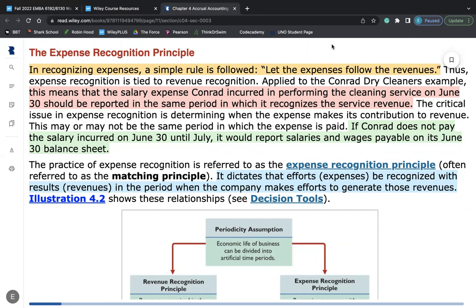Let's see which example they have. If Conrad does not pay the salary it incurs on June 30th until July, it will report, like I said, a liability called salaries and wages payable on its June 30th balance sheet.